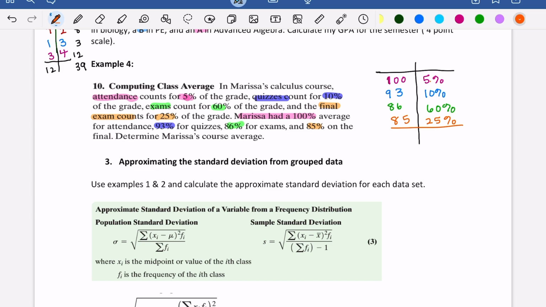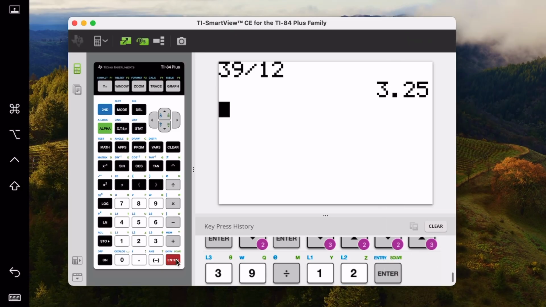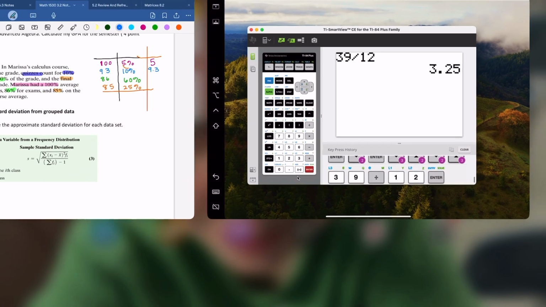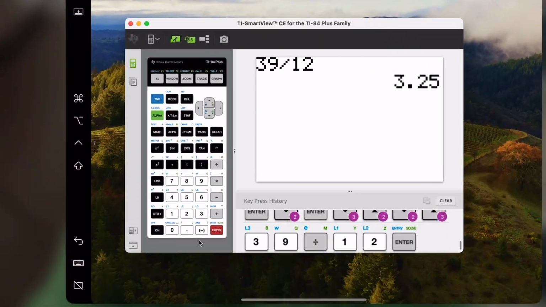And now I am going to calculate the percentage. So 5% of 100 is 5. So I got 5 total points for attendance. 10% of 93 is 9.3. So for the quizzes, I got 9.3 points towards my final grade. 60% of my grade was an 86.